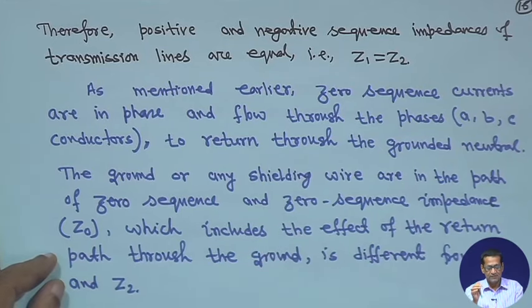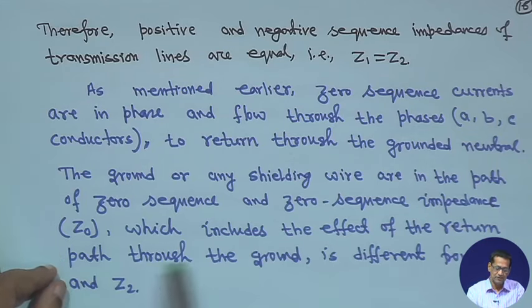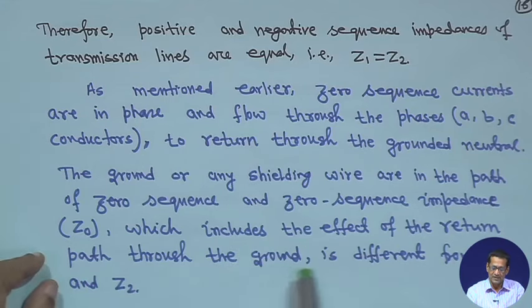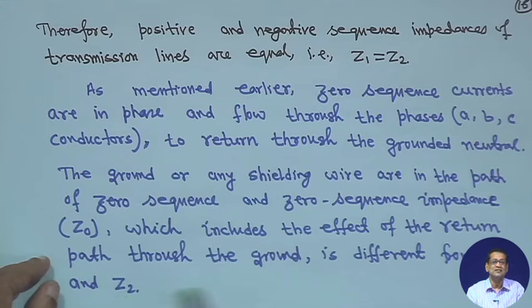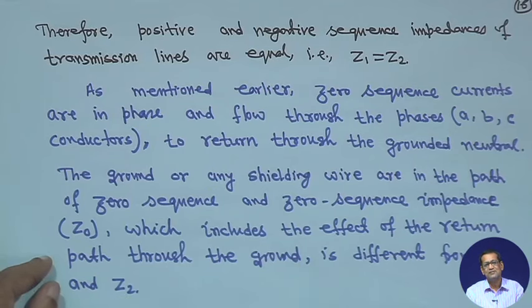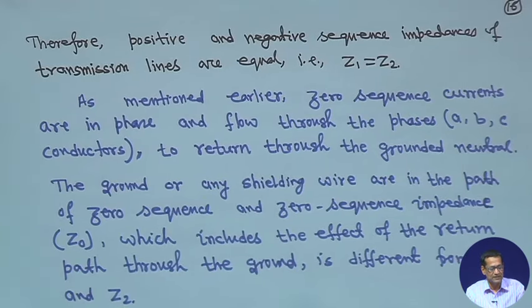So, that means for the transmission line, the ground or any shielding wire are in the path of zero sequence, and the zero sequence impedance, that is Z0, includes the effect of the return path through the ground, that is different from Z1 and Z2. So, the zero sequence impedance for a transmission line is different.